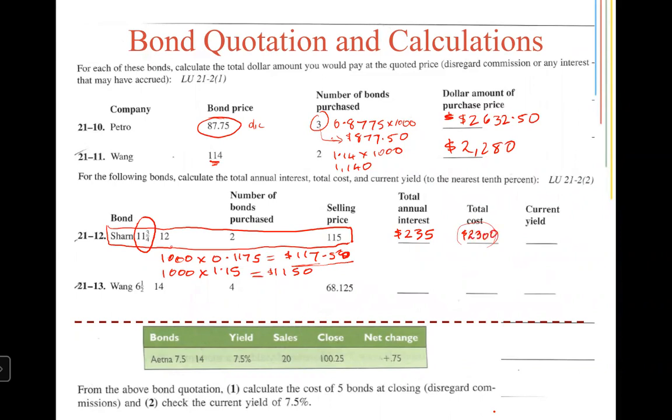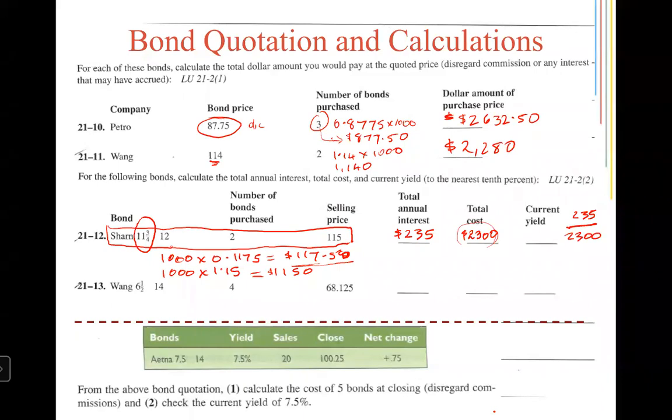Okay. And now they want you to state the yield. The yield will be the interest over the cost. So if you want to find the yield, your interest for the 2 bonds is 235, and your total cost for the 2 bonds is 2,300.